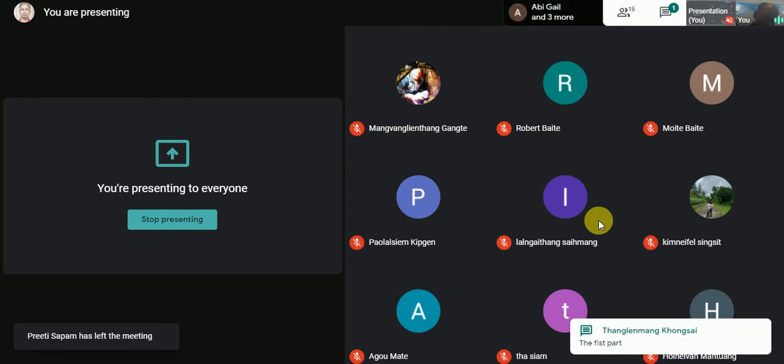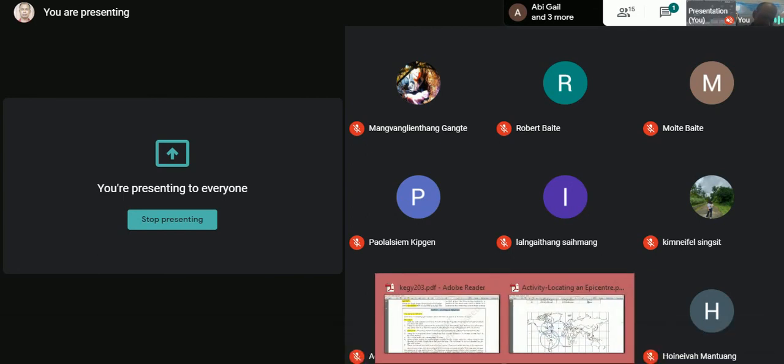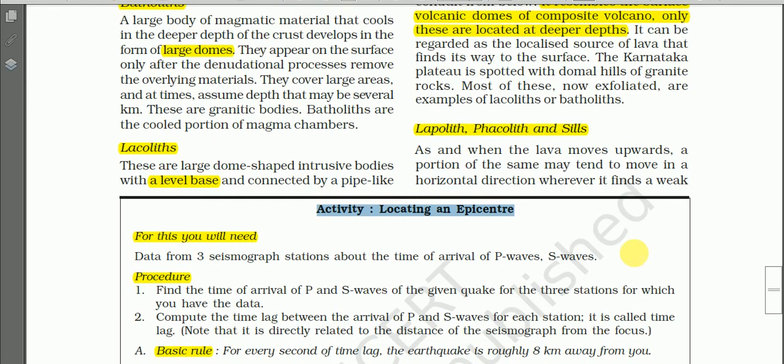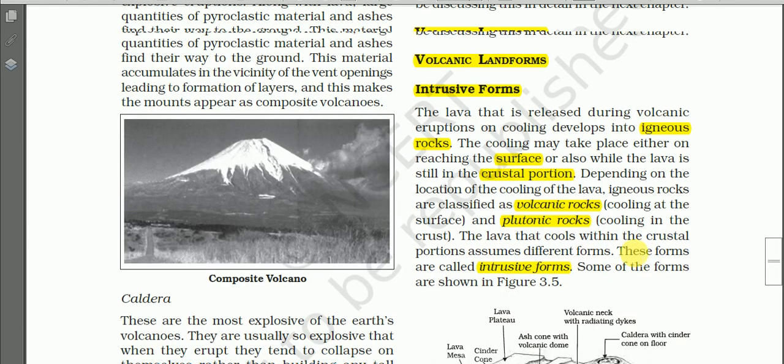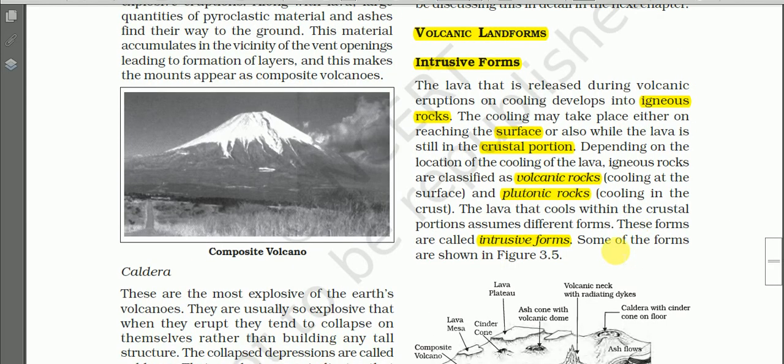Okay, the first part is about definition of intrusive forms. I think all of you have learned how igneous rocks are formed. See here, the lava that is released during the volcanic eruption on cooling develops igneous rocks. That means igneous rocks are formed after cooling lava, and this cooling process may take place either on the surface of the earth or in the earth interior.